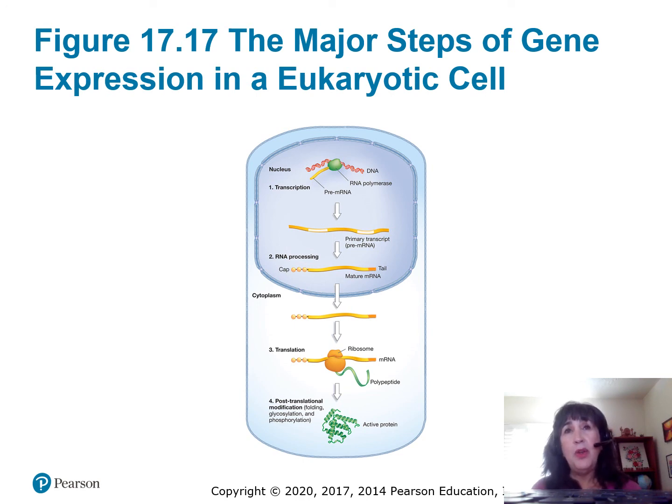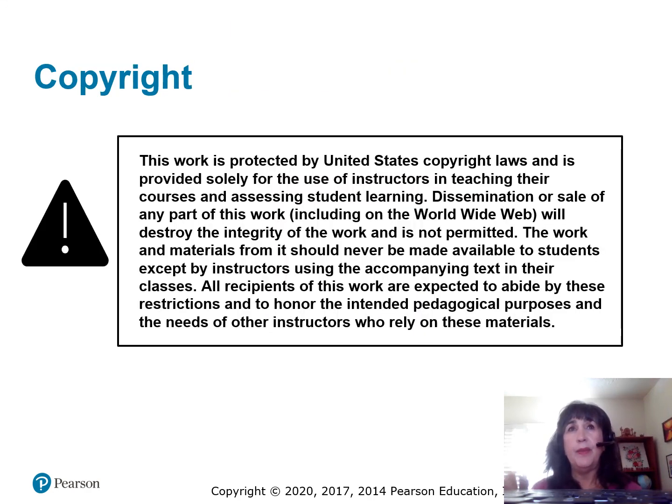So notice here it has all of the steps, and we just finished translation, and then notice step 4, post-translational modification. So that is what we've just finished discussing. This is a wonderful figure to study, and if you understand this figure, that means you understand the basic concepts of this chapter. Thank you. We've reached the end of this chapter.